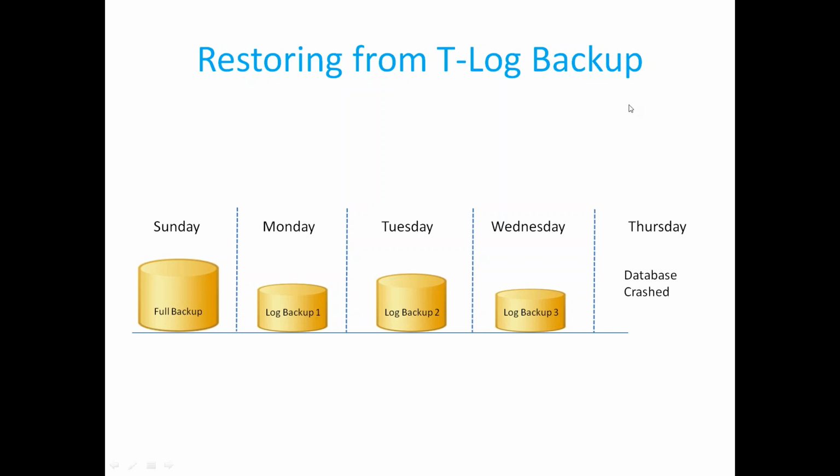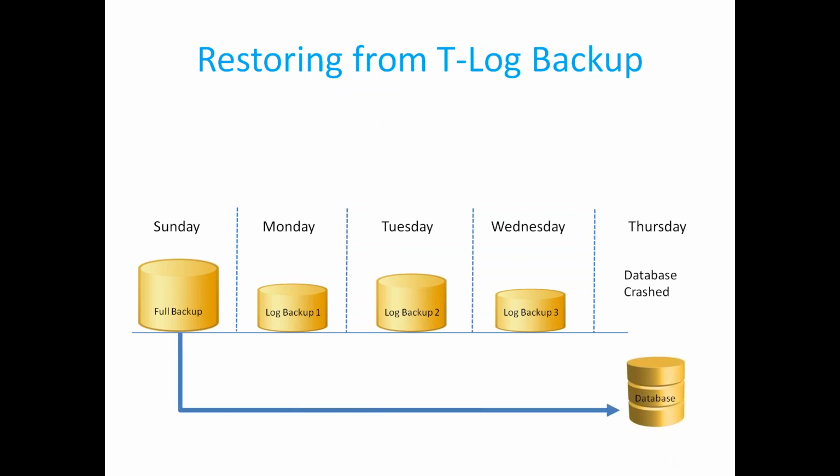So the first thing I have to do is restore a full backup, right? But with what option? With recovery or with no recovery? Once I restore a full backup, I have to restore the log backups on top of it. So that is the reason I have to choose with no recovery while restoring a full backup.